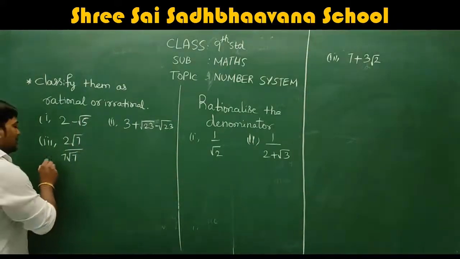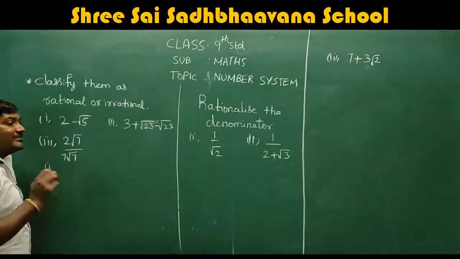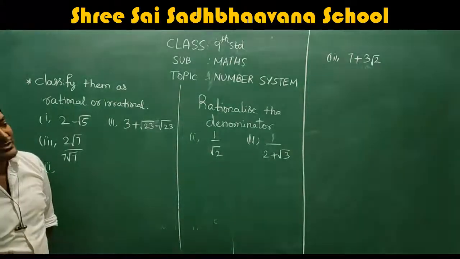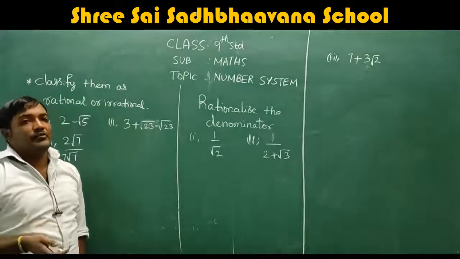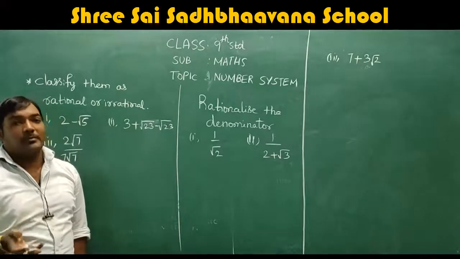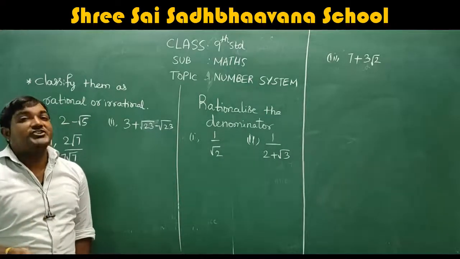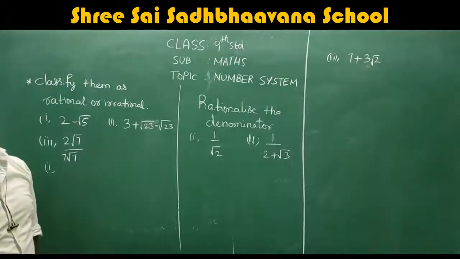First sum, and you might be knowing what a rational number is, and what an irrational number is. A rational number is a number which can be written in p by q form. An irrational number is a number which cannot be written in p by q form.